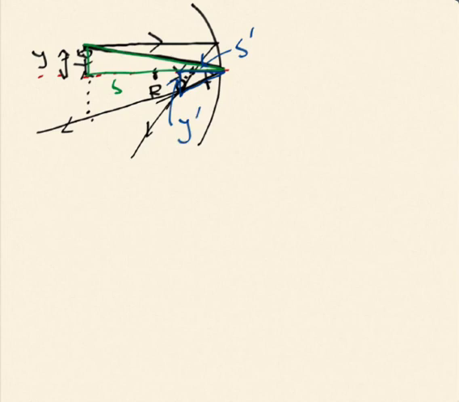If I look at this, there's a relationship between S prime and Y prime. Now, if you remember, we defined the magnification to be Y prime over Y. From these similar triangles, what I can prove is that the relationship between Y prime and Y is the same as the ratio of S prime over S, but with a negative sign.